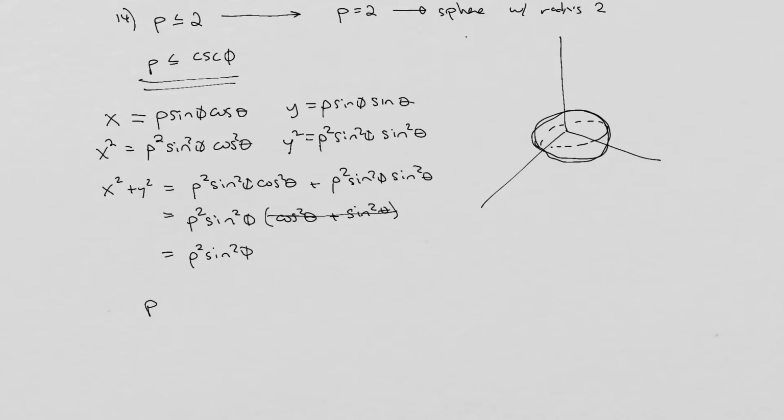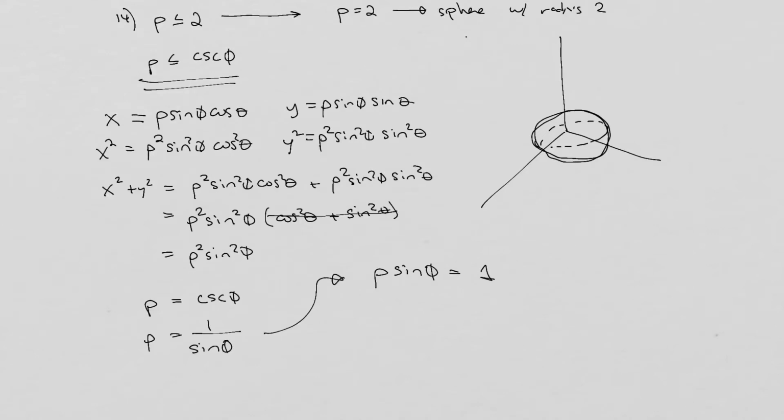Well, what does rho equal to cosecant phi look like? Well, cosecant is the same thing as the reciprocal of sine. And then if you multiply both sides by sine phi, I get rho times sine of phi equals 1. Right?